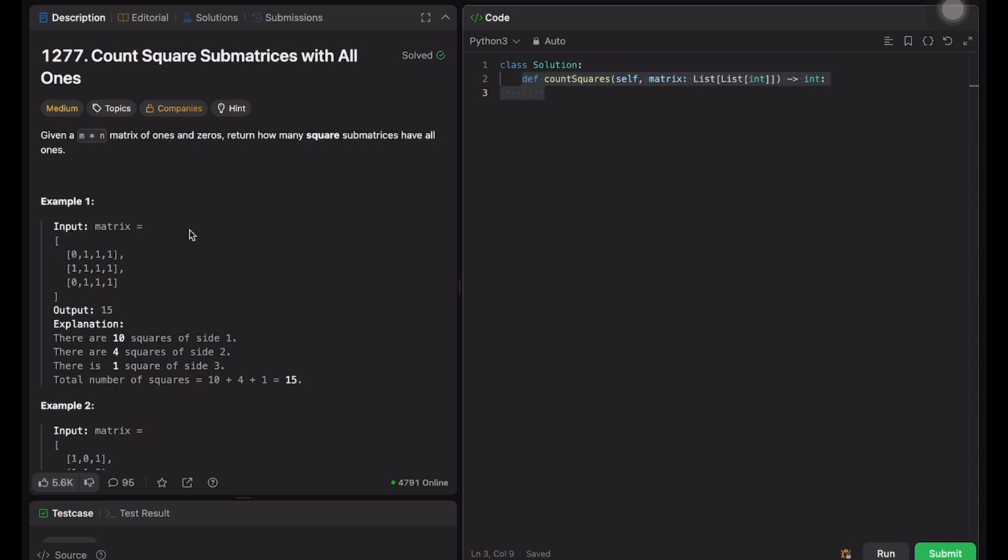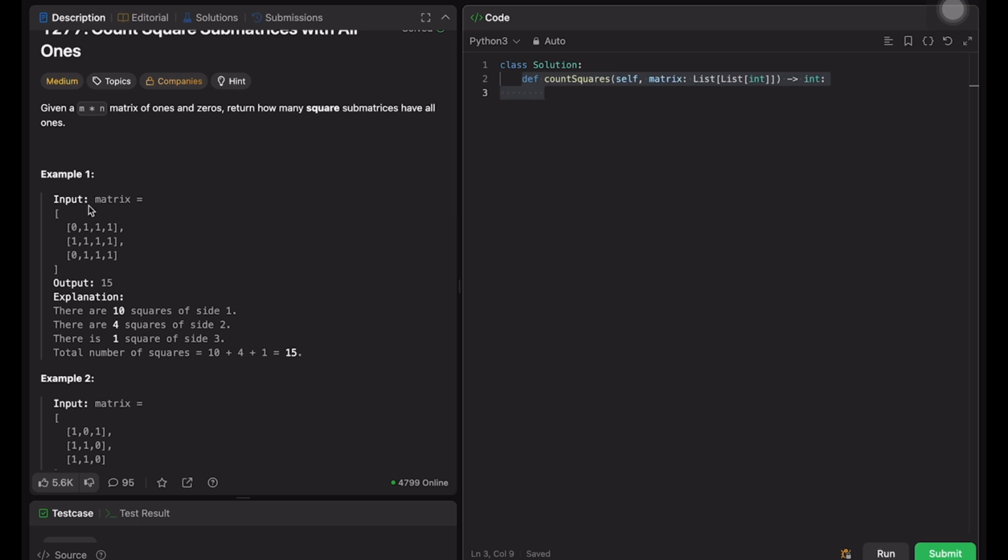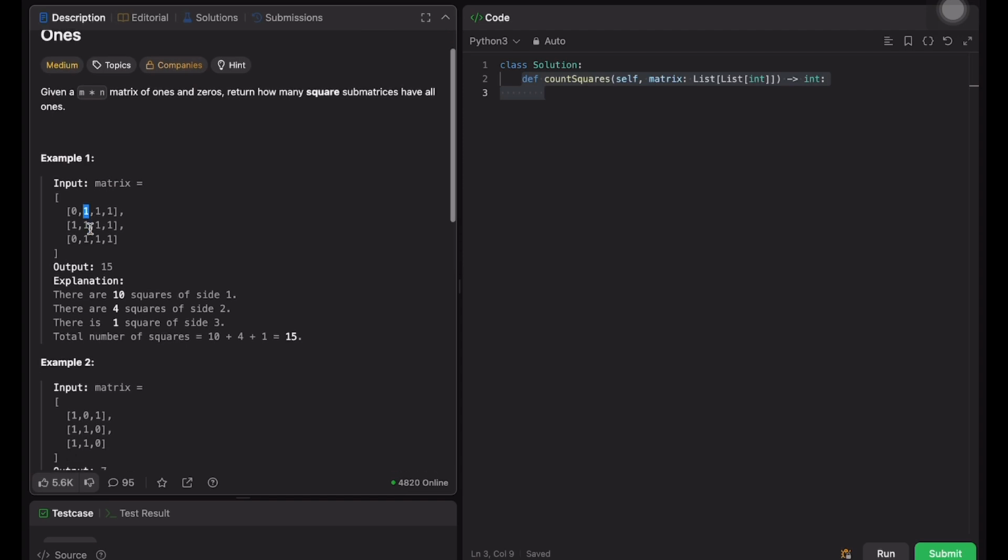In the example, if you see the matrix, square submatrices means n should have the same value. So it can be side 1, or 1 cross 1, 2 cross 2, 3 cross 3, 4 cross 4, something like that.